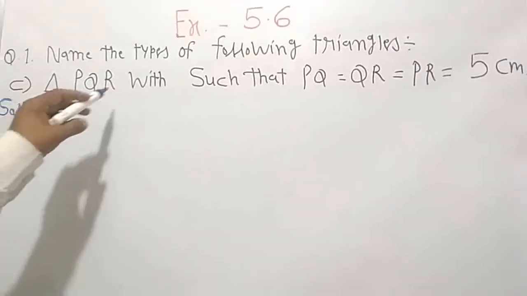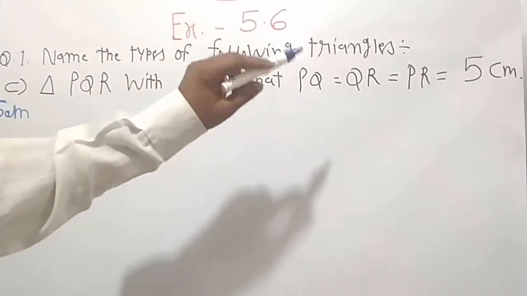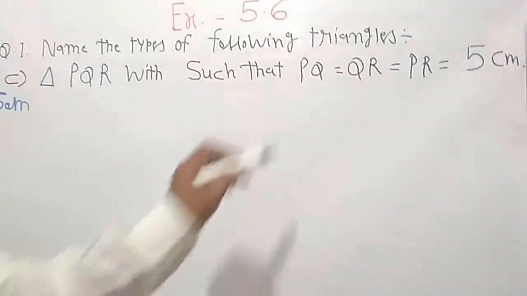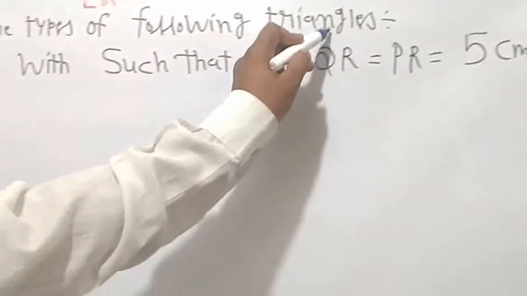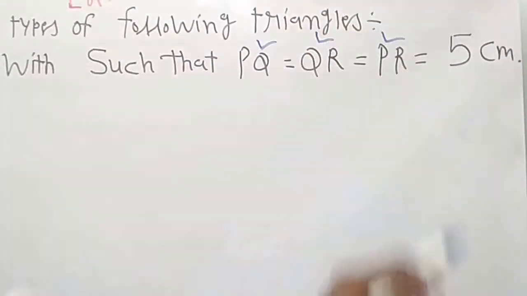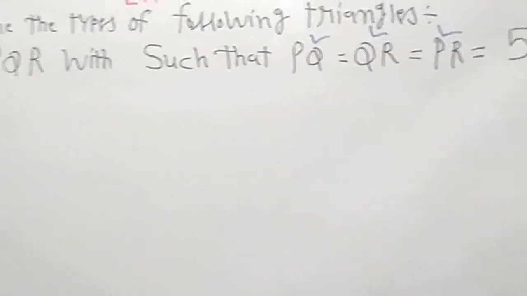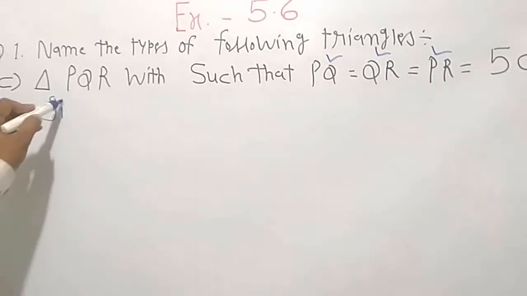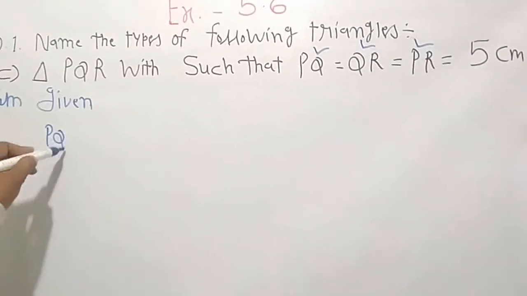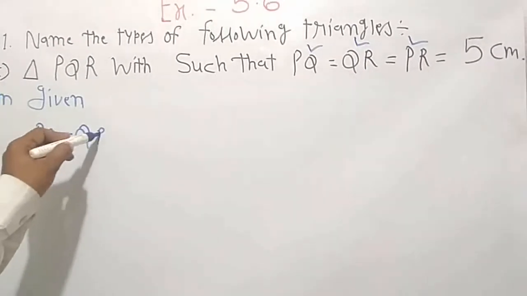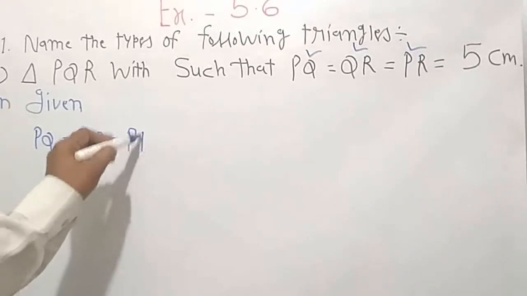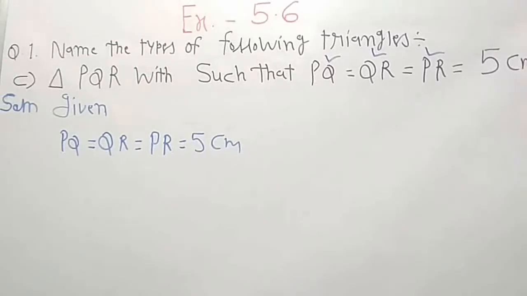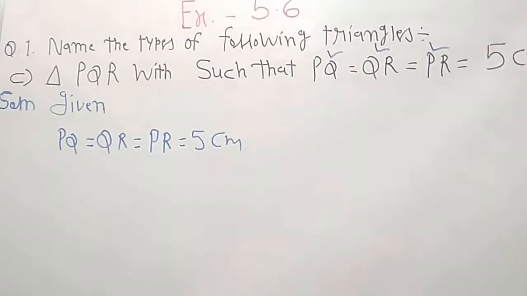See, triangle PQR such that PQ equal to QR equal to PR equal to 5 cm. Here all the three sides have the equal measurement, that is 5 cm. So first we write in solution, given PQ equal to QR equal to PR equal to 5 cm. It means all the three sides have equal measurements.